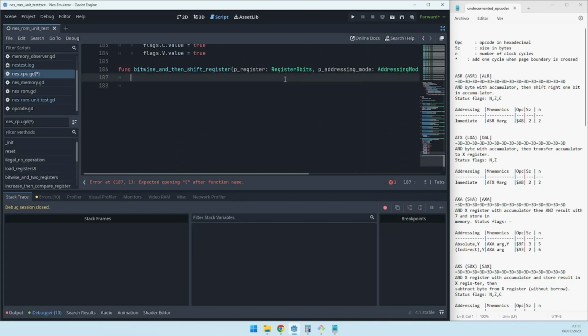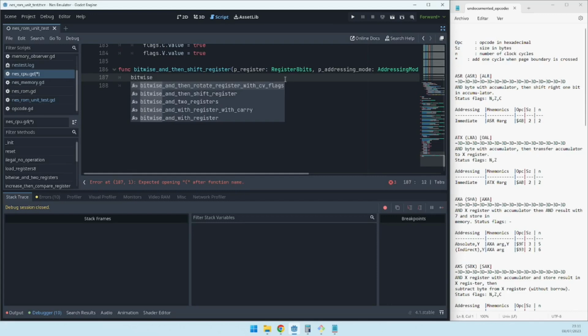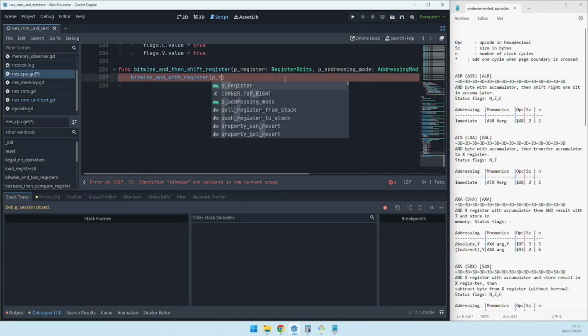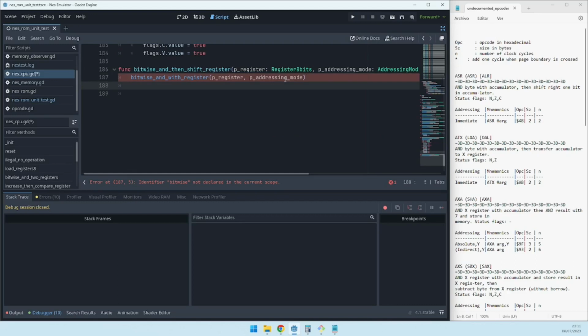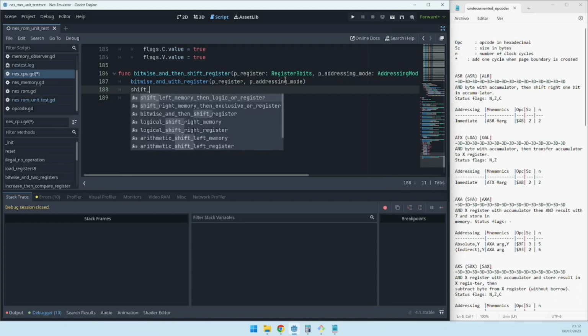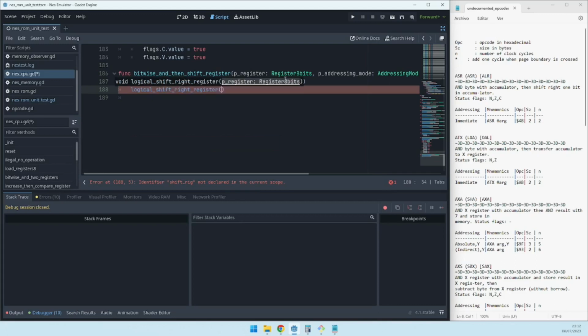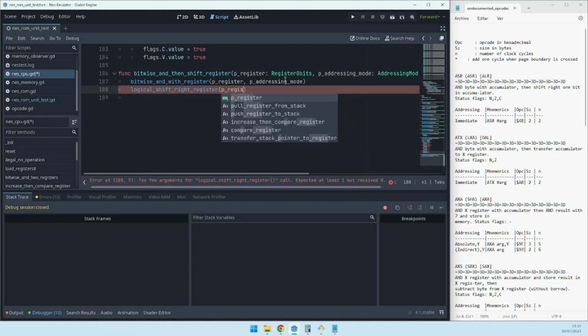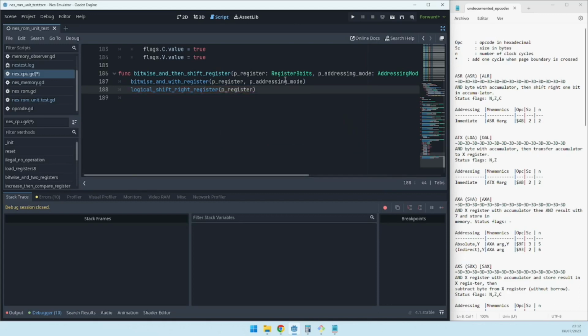So now it's bitwise AND with register, P register, P addressing mode, and then shift right, shift right register, P register. Okay. Done.